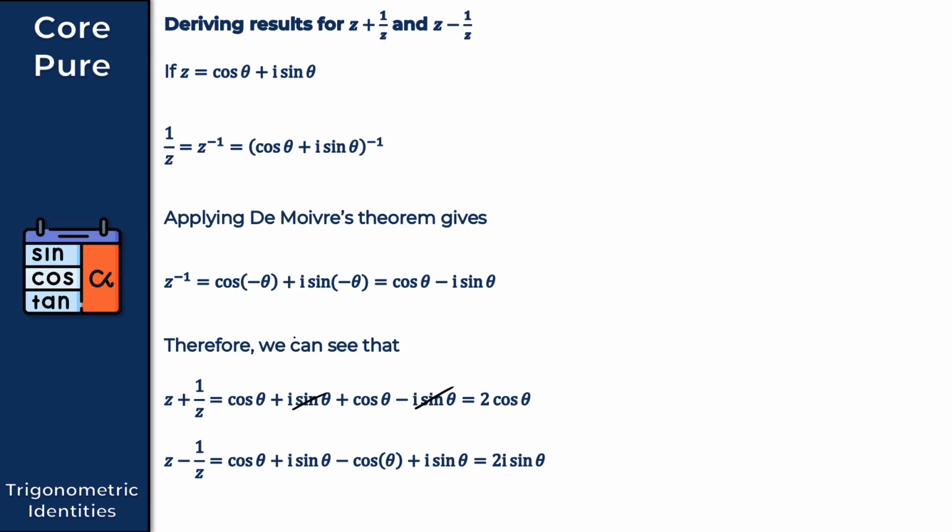We then subtract 1 over z, so 1 over z here is cos theta minus i sin theta. So in that case then, the cos theta terms just cancel. So cos theta and minus cos theta, they just cancel. What we get left with then is i sin theta plus i sin theta, giving us 2i sin theta there. So that gives us the derivation then for z plus 1 over z and z minus 1 over z.